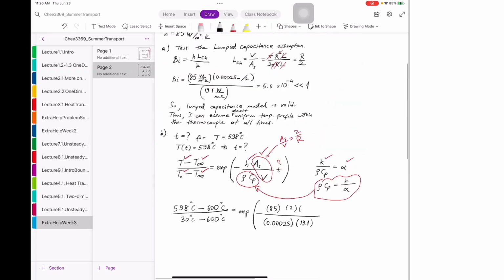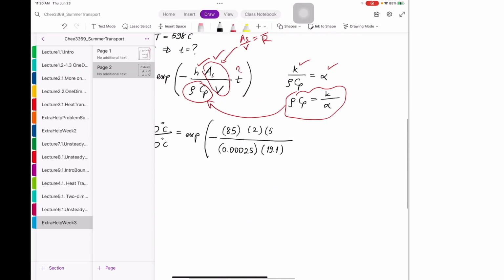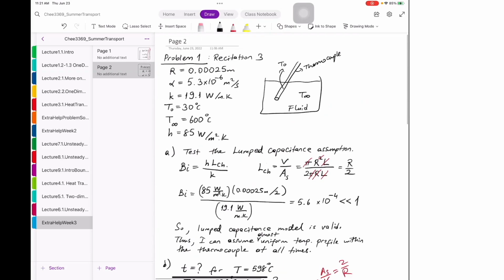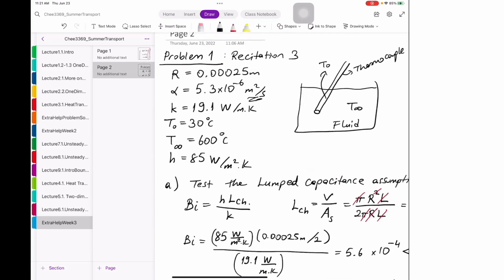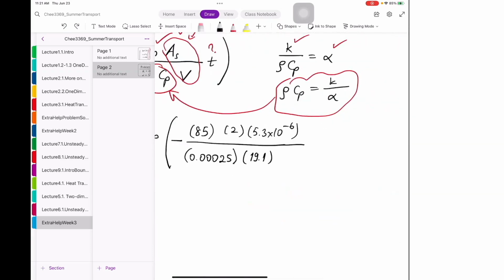Alpha is given as 5.3 times 10 to the minus 6. Let me make sure it's SI units. Yeah, this is SI units. So good. You should make sure that everything here is SI units, except for this. This is not Kelvin, but it should be okay, because I'm going to work with the differences of the temperatures. That's it. And I have the T, I guess, right?